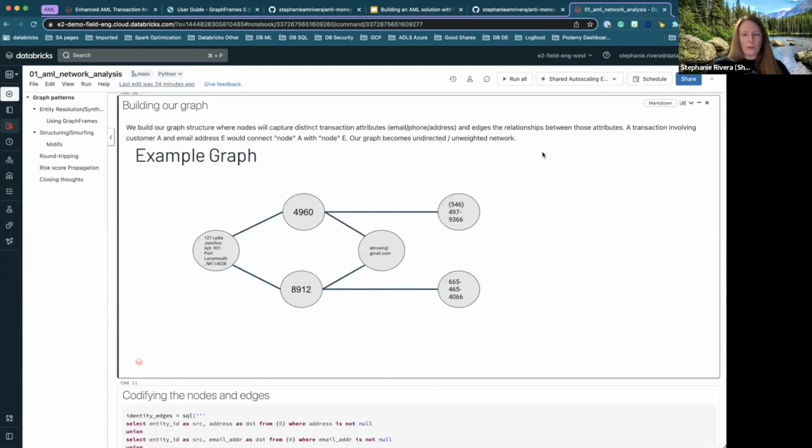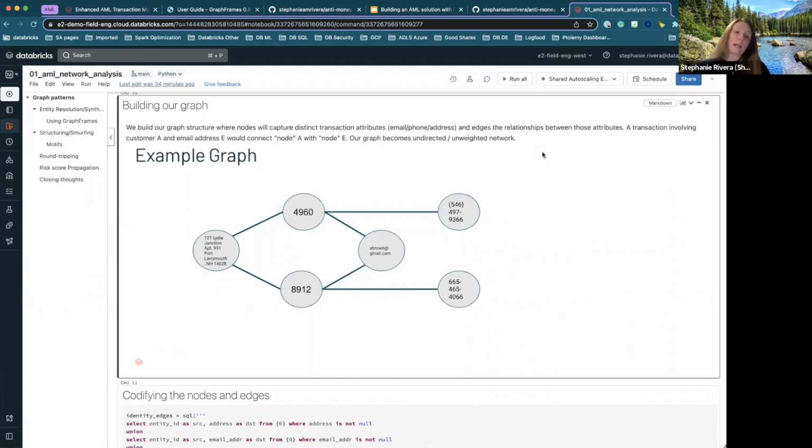Okay, so here we are building out that graph. This is what the graph would look like for the small example that we just looked at. Our nodes are the persons or identities, which we are representing with their entity IDs, the addresses, emails, and the other attributes that are associated with the people. The people nodes are the ones that are connected out to the attributes.